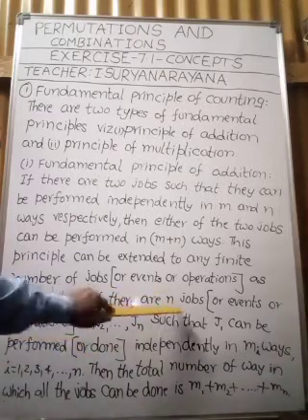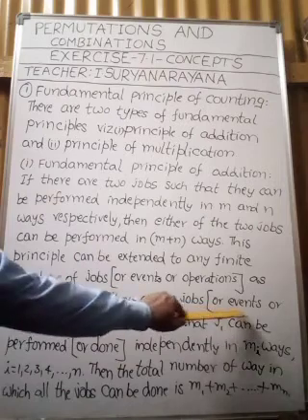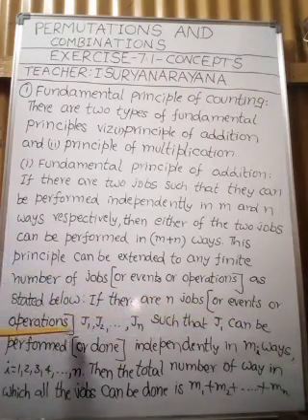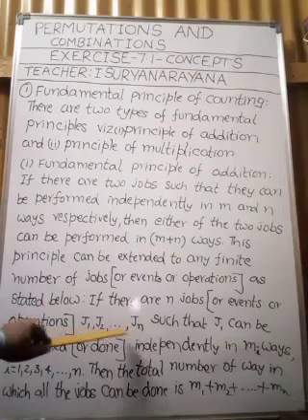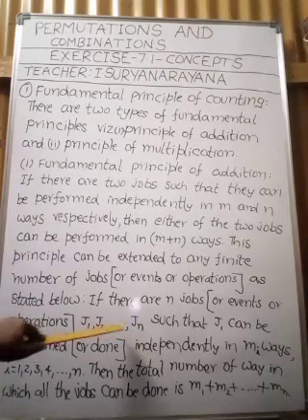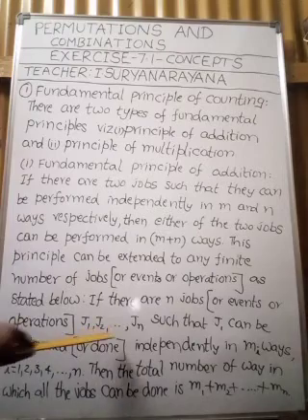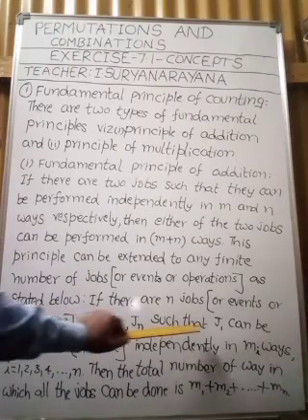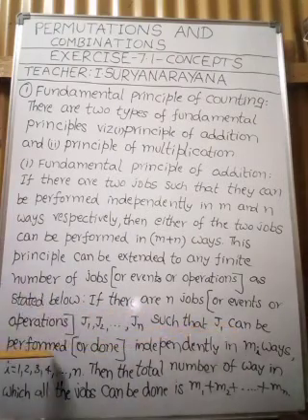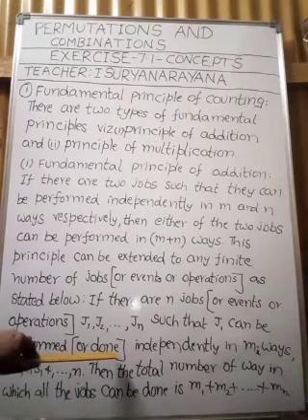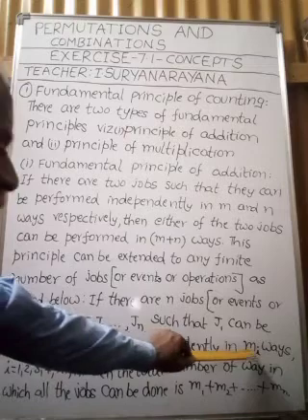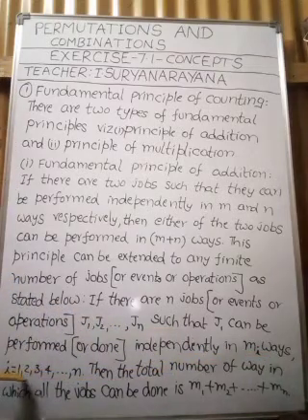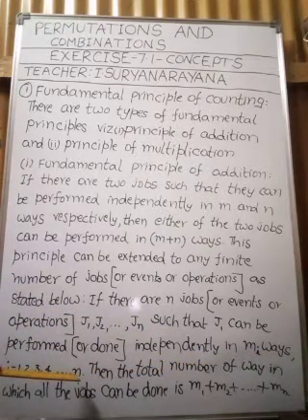If there are n jobs or n events or n operations, namely J1, J2 and so on Jn, such that J1 can be done independently in mi ways, i equal to 1, 2, 3, 4 and so on n.